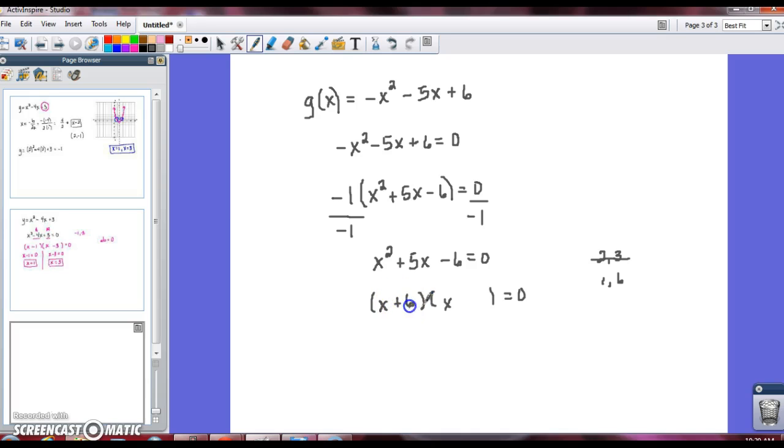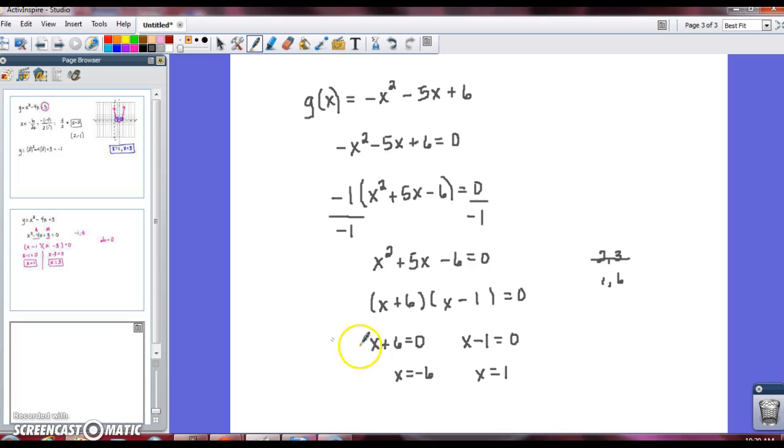However, I can use +6 and -1. That multiplies to -6, but it also adds to +5. If I set each of my factors equal to 0, then I will end up with my solutions. So I get x equals -6 and x equals 1.